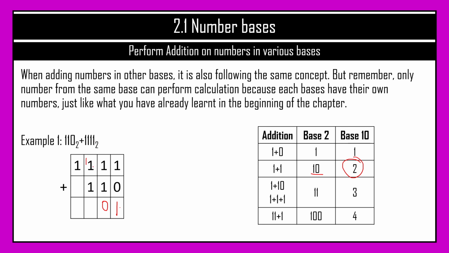The next number we are looking at is 1 plus 1 plus the 1 that we carried from 10. We get 3, but 3 is again in base 10. The corresponding number in base 2 is 11. It's a 2 digit number, so I write 1 here and 1 to the next of it.